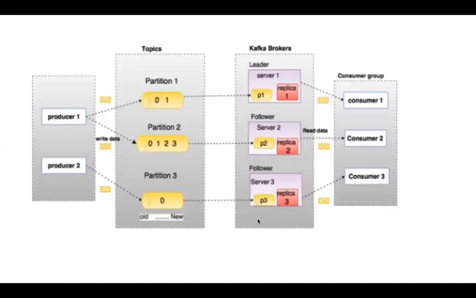This is how a Kafka architecture looks. The end goal is to let the messages from the producer reach the consumers. That's the end goal. And in between, whatever happens is the Kafka way of doing it, the speciality of doing it.